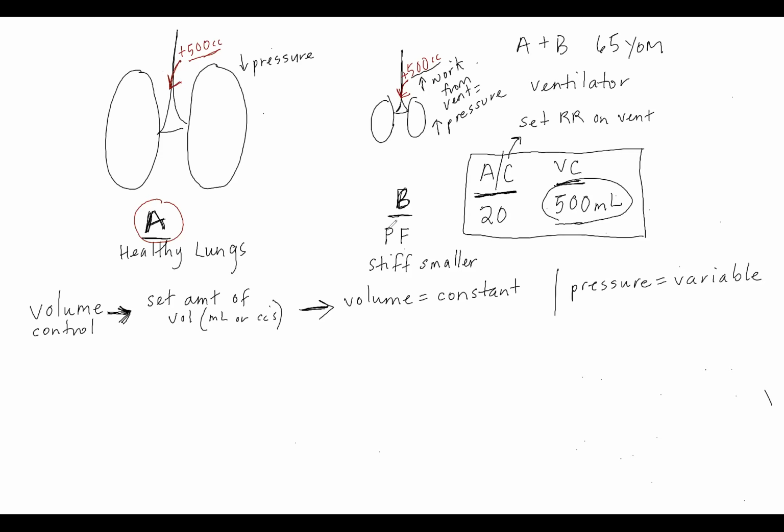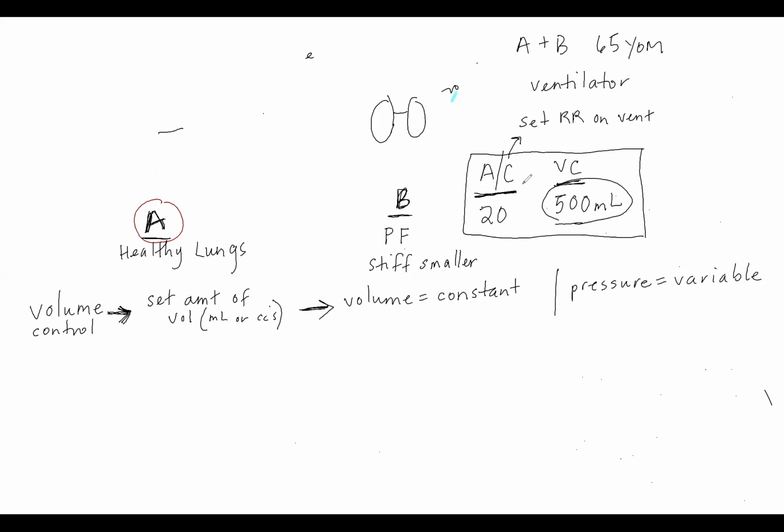Okay, so now I want to take a minute, and I'm going to kind of back up, and we're going to go all the way back to the basics. Instead of volume control, I'm going to leave this part up here, but we're going to get rid of everything else.